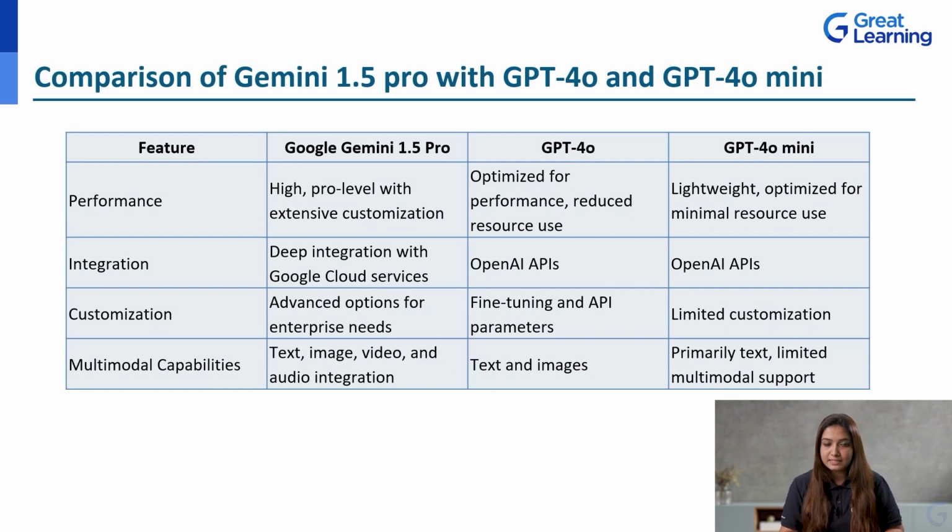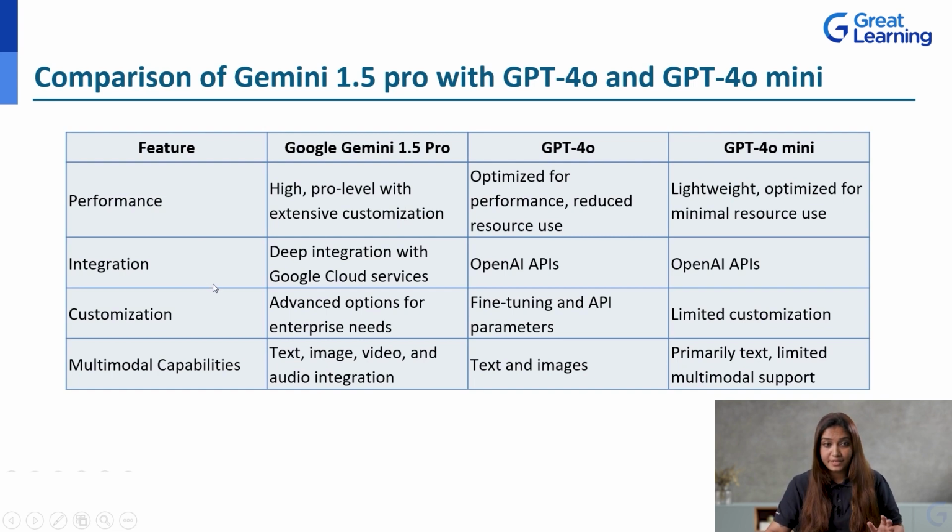We can customize accordingly. But when it comes to GPT-4o, it is optimized performance and also it has reduced resource use. When it comes to the mini, it is always lightweight and optimized for minimal resource use. They are focusing on minimal resource usage, right? But in Google Gemini, it has an extensive customization capability when it comes to performance.